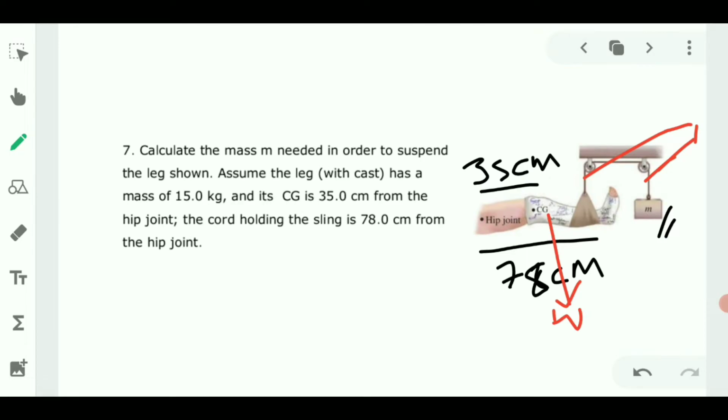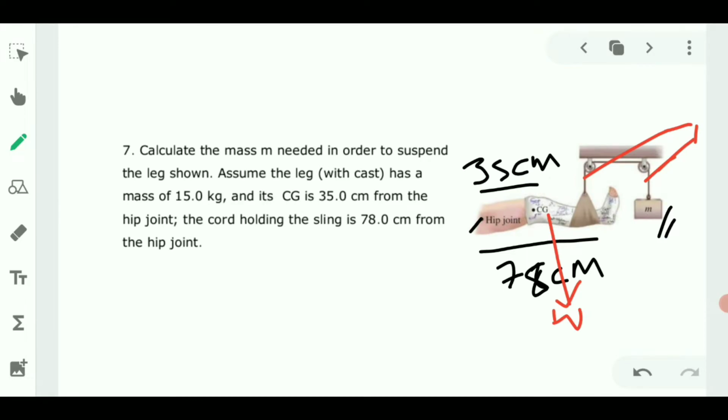So this will be the summation of torque, which should be equal to 0. We're considering the forces that are down. One of the forces down is the weight force. The torque is given by force times distance, and the weight force acts from the center of gravity.